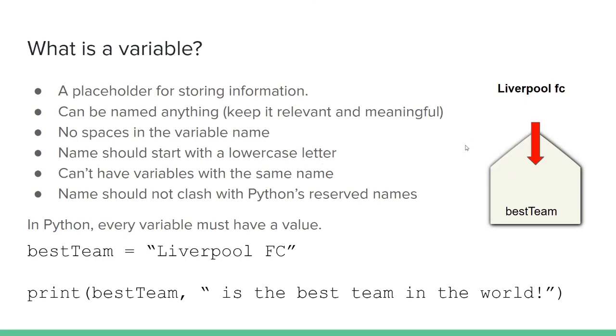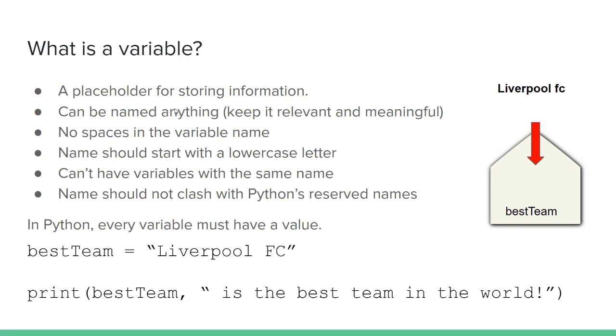If you look on the right here, I have this envelope and I've titled this envelope the best team. And I'm saying that Liverpool FC, I'm going to assign that to this envelope and store it there as the best team, right? So it can be named anything, but keep it relevant and meaningful, hence best team, right?